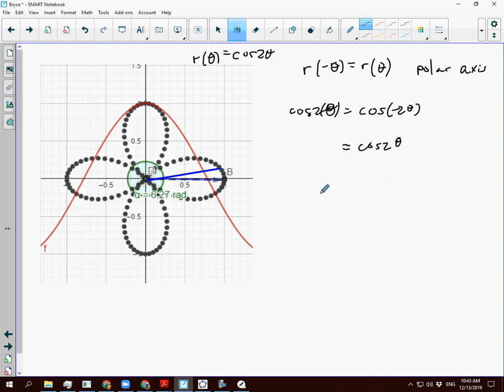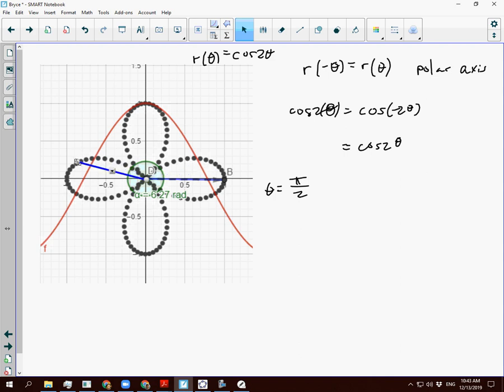Now, how about symmetry with respect to theta equals pi halves? Well, that means this r has to be equal to this r here. So this r is created from the input of theta.